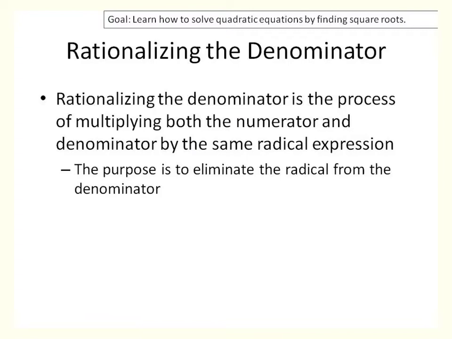If you multiply by the square root of x over the square root of x, anything over itself is just 1. So I'm not changing the number, I'm multiplying by 1 to change the form of my numbers.